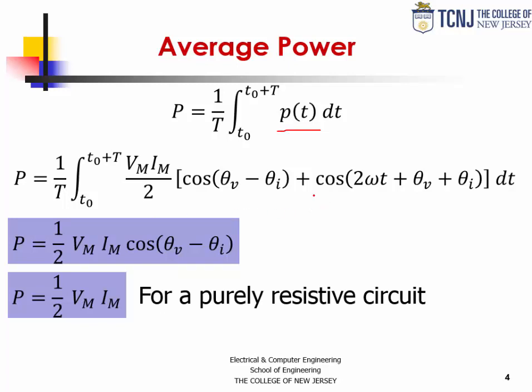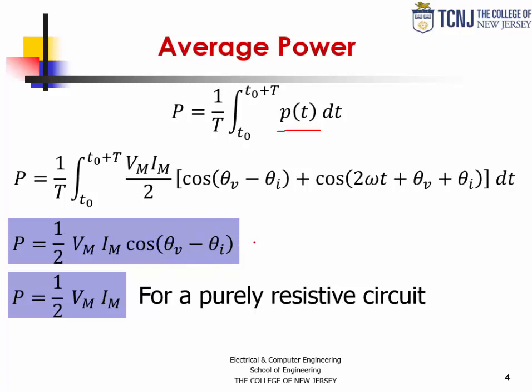Now, since the time varying signal is a sinusoid, the average is going to be 0 over a full period. That leaves us with the constant term, which is 1/2 the amplitude of the voltage times the amplitude of the current times the cosine of the difference of the voltage phase angle minus the current phase angle.